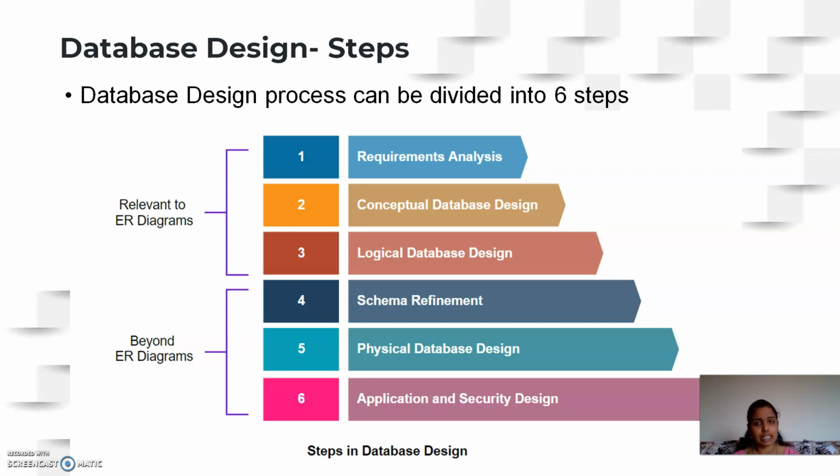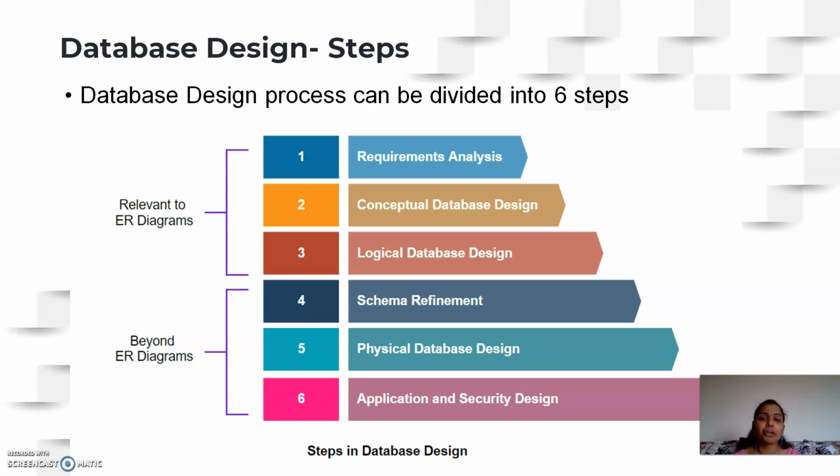Using those requirements, you cannot directly work with the database. So what do we have to do? Develop a blueprint for your requirements so that your client and the developer team can understand what you want to develop. So the output of your first phase is the set of requirements.